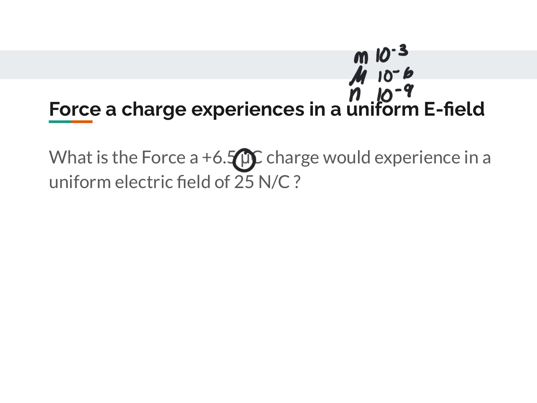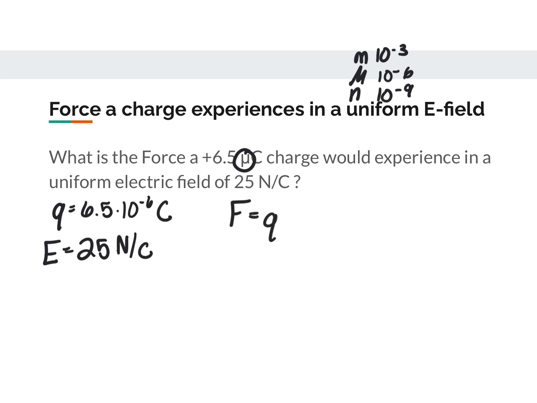So I have a charge of 6.5 times 10 to the negative 6 coulombs, and it's in an electric field of 25 newtons per coulomb. If I want to find the force, I would think force equals charge times electric field.